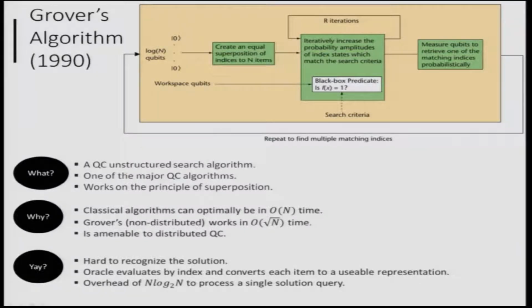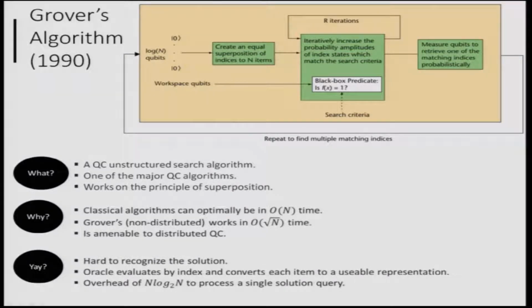So, it is basically a quantum computing unstructured search algorithm. Grover's algorithm is an unstructured search algorithm in the quantum computing sense, and it is one of the major quantum computing algorithms. The other one, as we know, is Shor's algorithm.